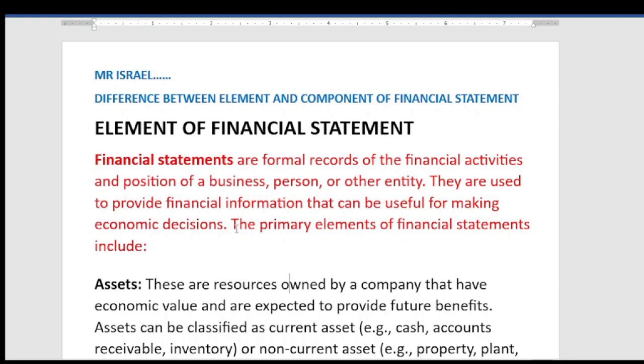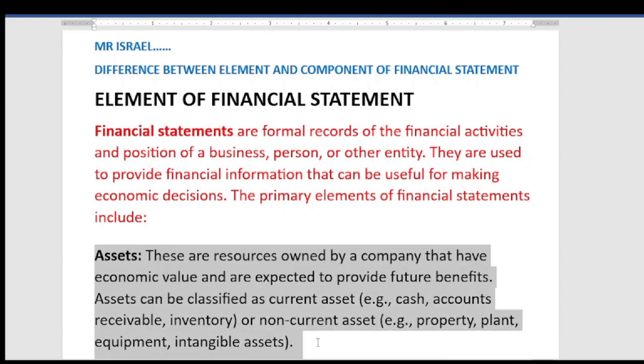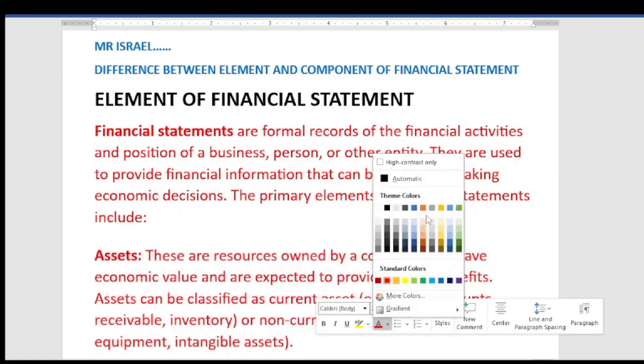Now, the primary elements of financial statement include this. This is the place we are coming to. Number one is asset. Very, very important. Let me use another color so that we don't get ourselves confused.